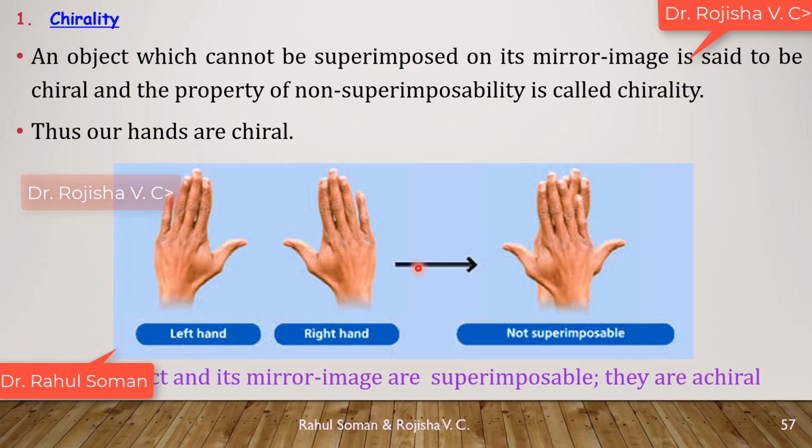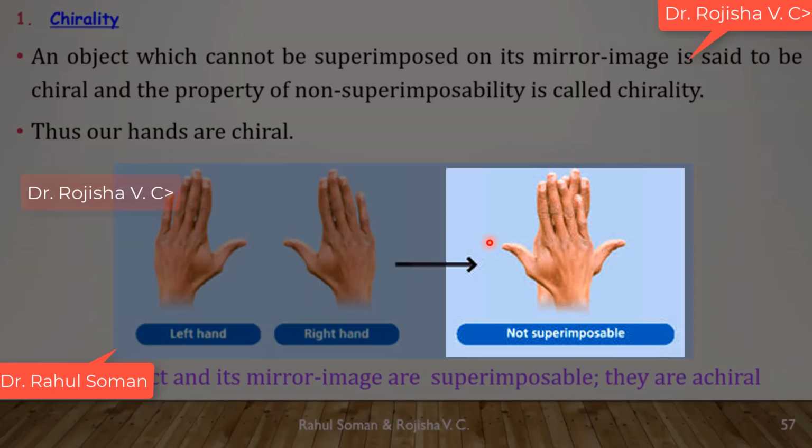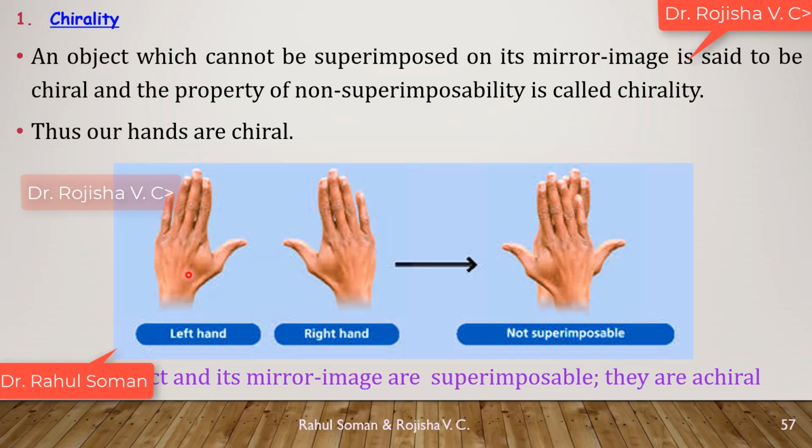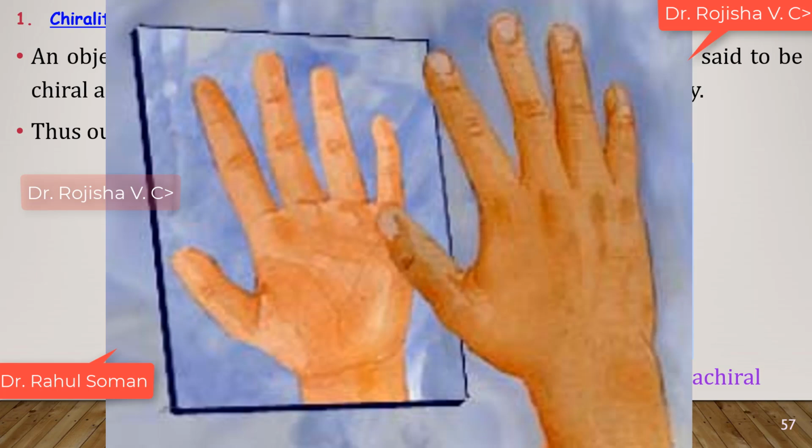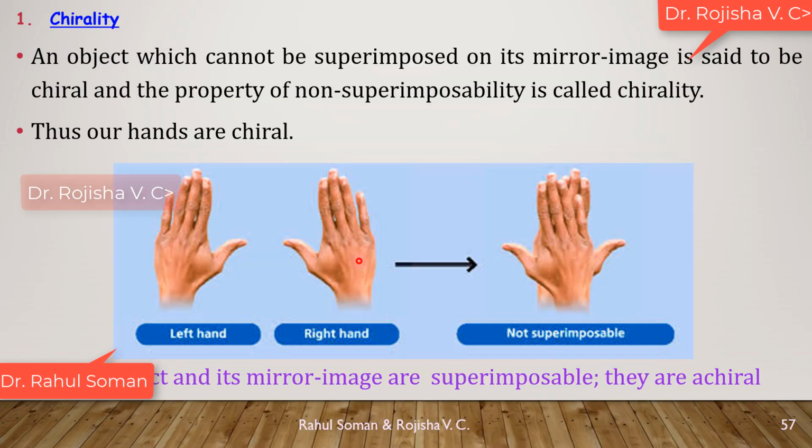It is not so, because when we call an object identical, that object and its mirror image should look exactly alike, and if we keep the mirror image and the object one over the other, they should match perfectly. In the case of our hands, our left hand is a mirror image of our right hand. Both are mirror images of each other. If we keep a mirror here, it is like that only.